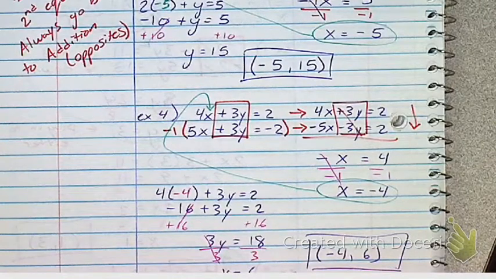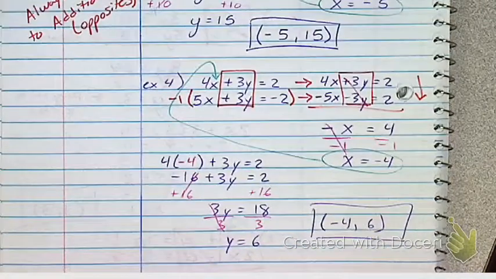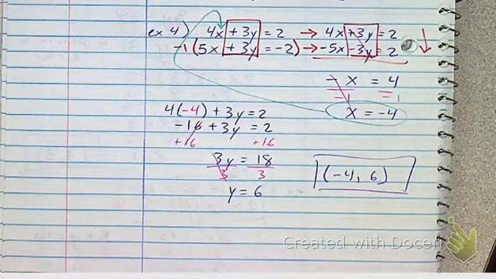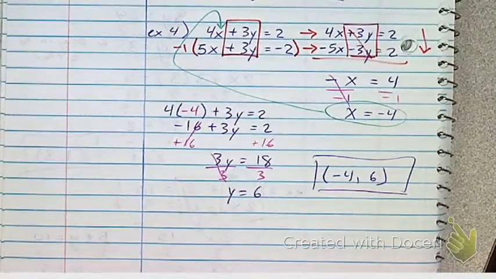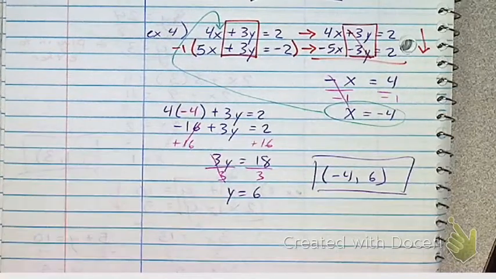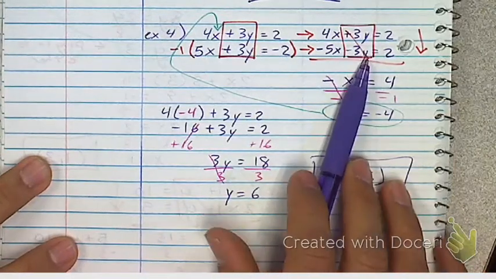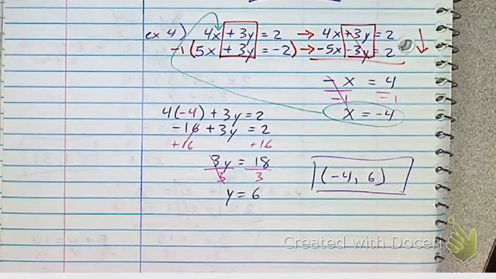A couple rules to note. Let me show this. A couple of things to add on your paper right now. Let's say I canceled all this stuff out to where my x and my y canceled. That will happen sometimes.